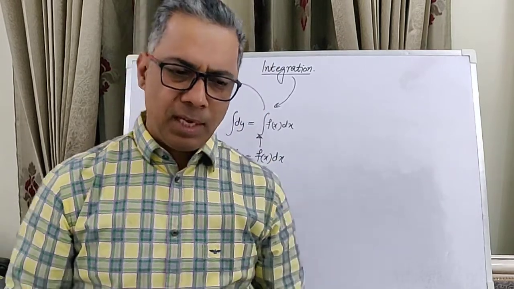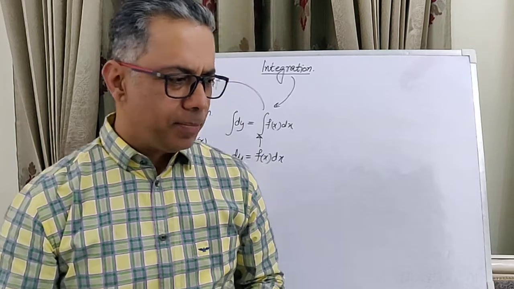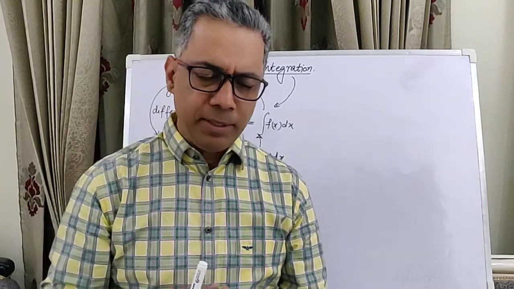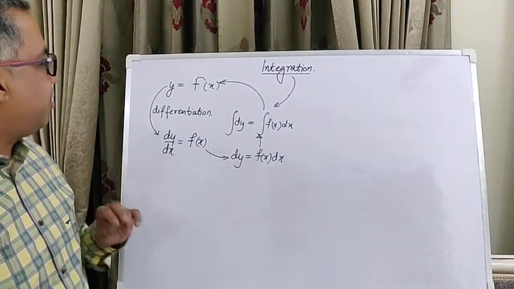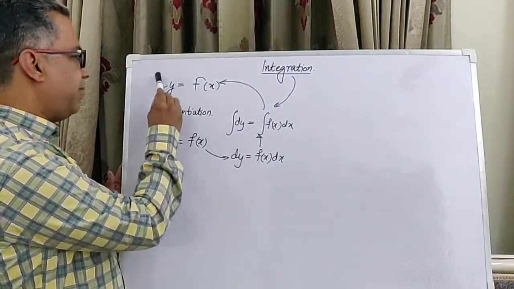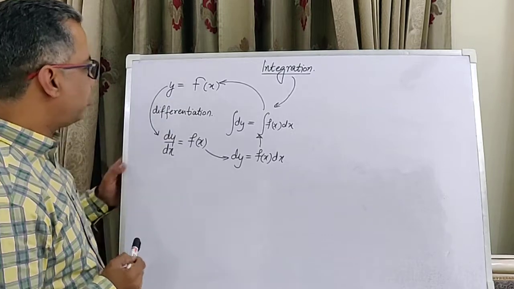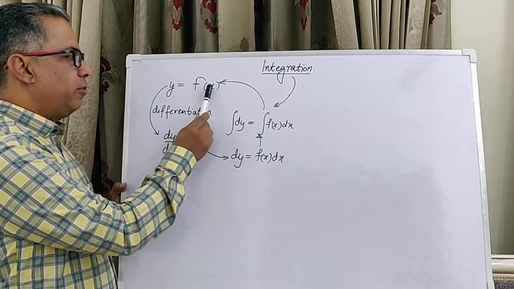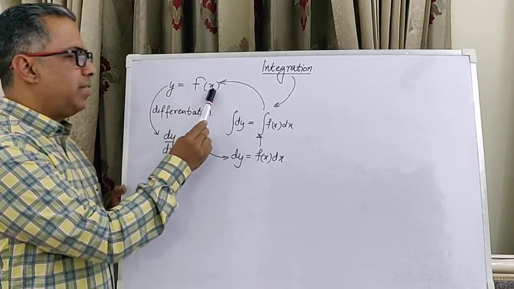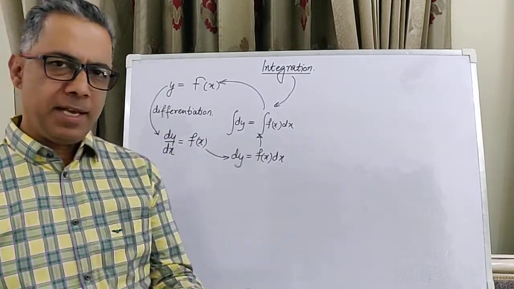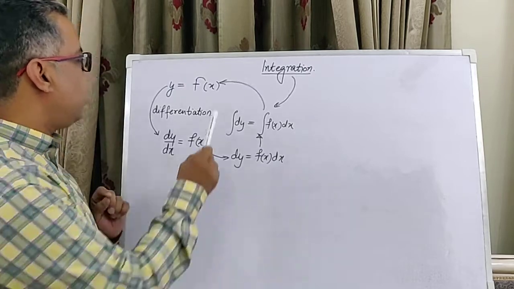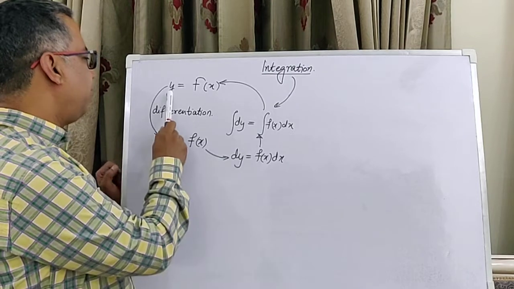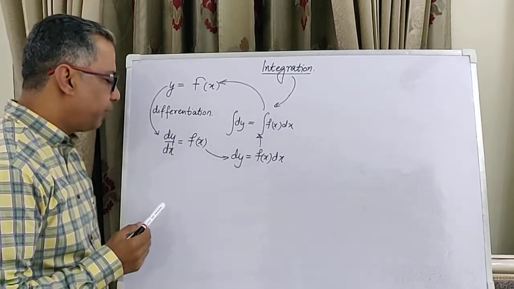Let's say we have Virender Sehwag batting, and we define a function. Let's say this function y is Virender Sehwag's score. Now this score, of course, would be a function of x, and x is the number of balls that he has faced. So x is the number of balls faced by Virender Sehwag, and y is his score.